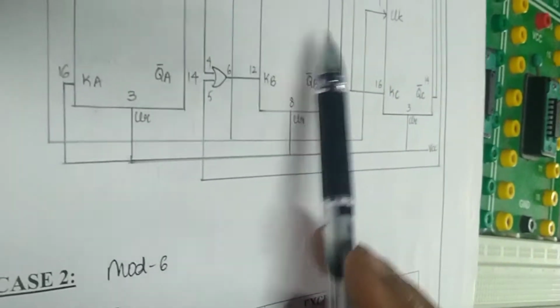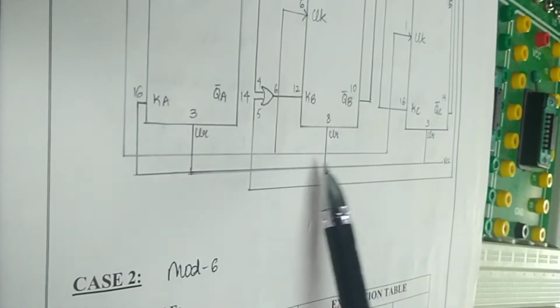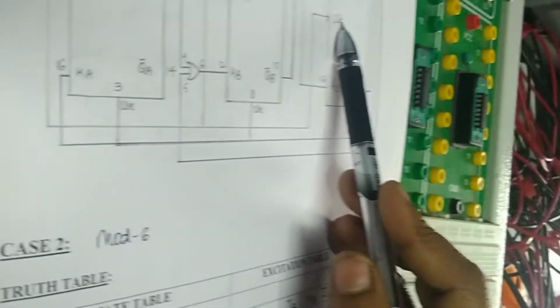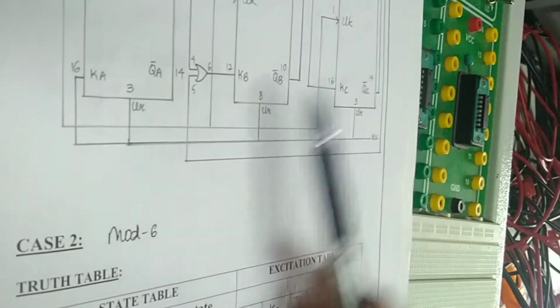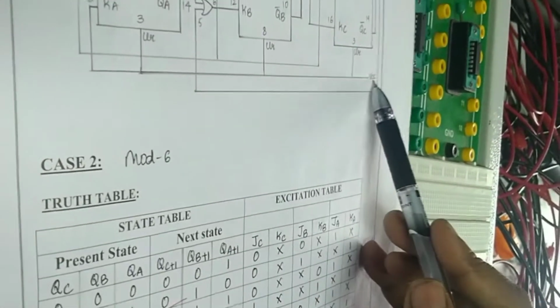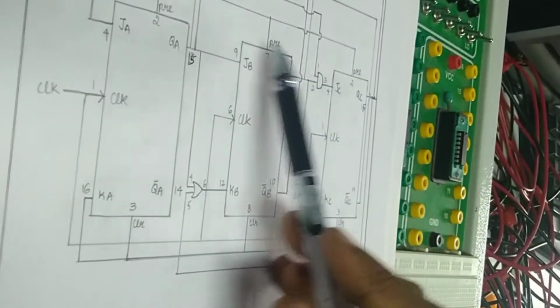For this circuit, the clock pulse is connected simultaneously to all 3 flip-flops, pin number 1, pin number 6, pin number 1. Next, you should connect clear, pin 3, 8, 3 connected to VCC, and again preset, pins 2, 7, 2 connected to VCC.